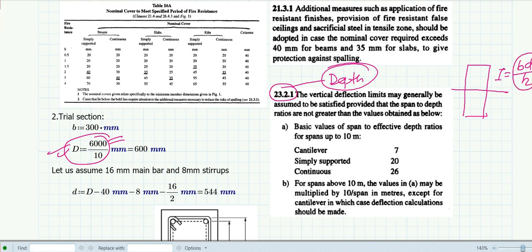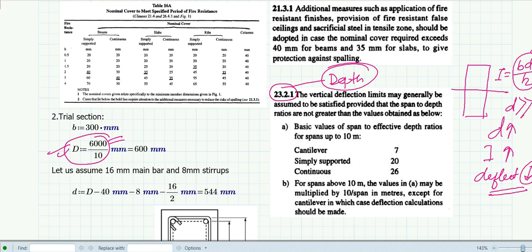So as the depth increases, the moment of inertia increases, so deflection decreases. So from the deflection perspective, you should always have a larger depth so that you can reduce the deflection.